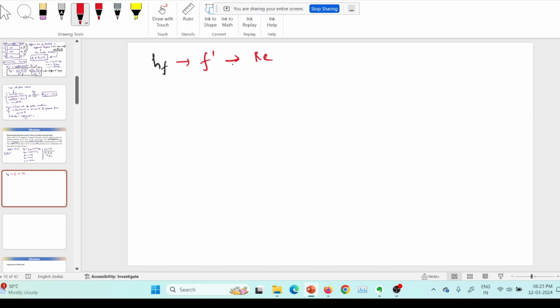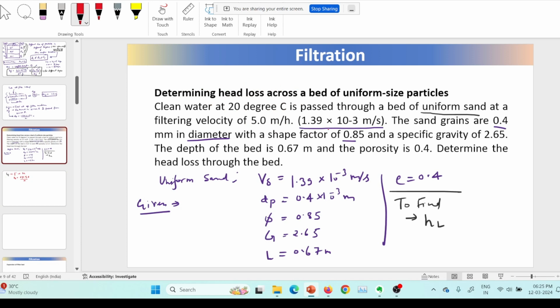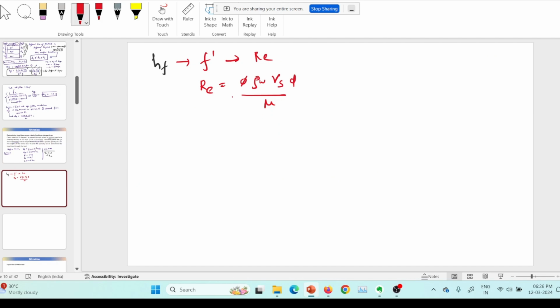Correct? The formula of Re is phi times density of water times filtering velocity times d, divided by mu. Is mu given to us or not? Mu is not given to us. Let's check. We'll take the value of mu.